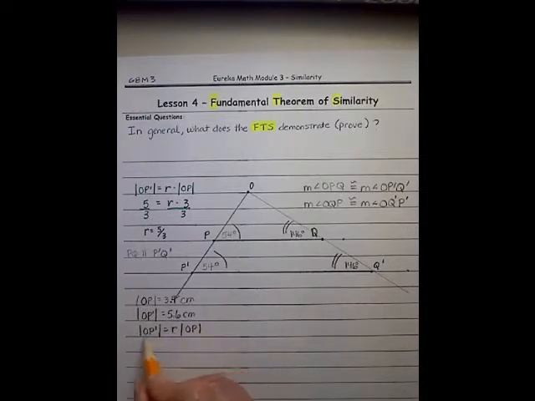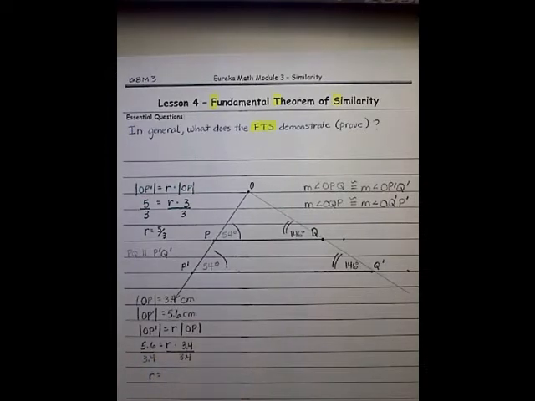So my dilated segment was 5.6 and my original segment was 3.4. So if I divide by 3.4 on each side of my equation, that's going to show me what my scale factor is. So I'm going to go ahead and do that division. If I can, never a calculator around when you need it. Alright, that comes to approximately 1.6.